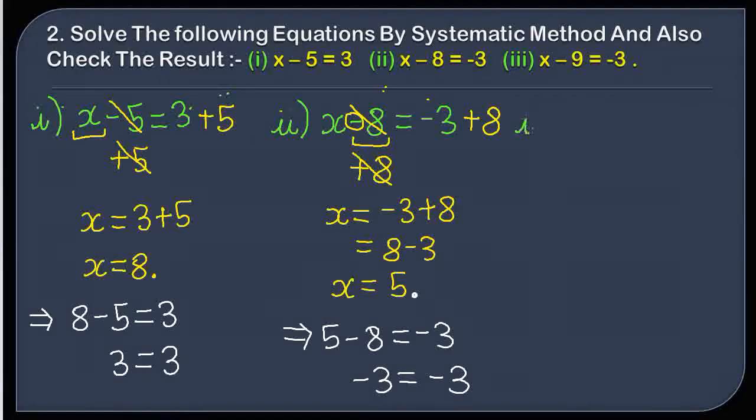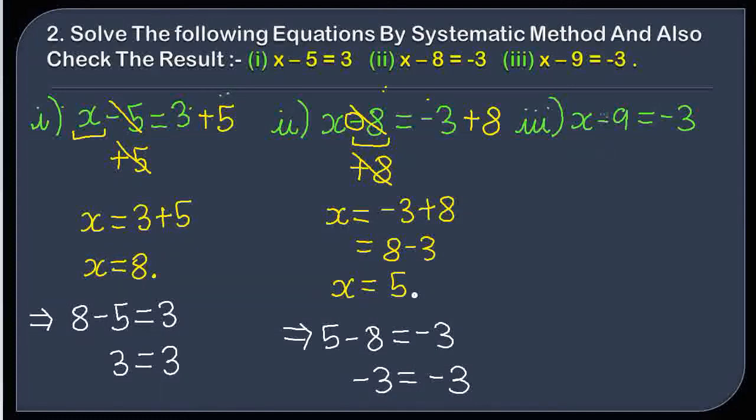The third part. x minus 9 is equal to negative 3. It is similar to the last part, but it has minus 9 instead of minus 8. Again, we have to get rid of this minus 9.